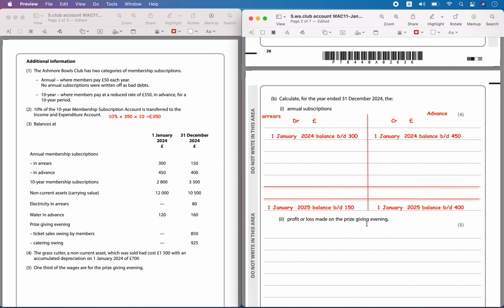So this is the same as the balance carried down, the 31st December 2024 balances.